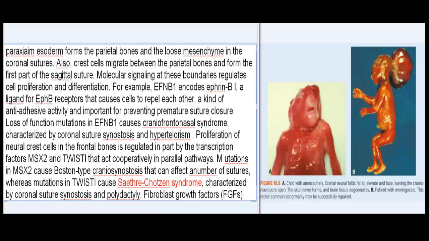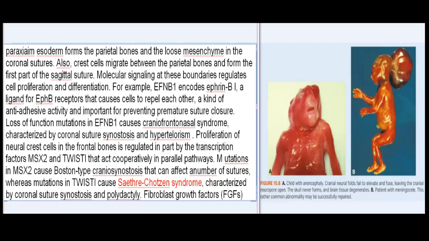For example, EFNB1 encodes ephrin-B1, a ligand for Eph receptors that causes cells to repel each other, a kind of anti-adhesive activity important for preventing premature suture closure. Loss of function mutations in EFNB1 cause craniofrontonasal syndrome, characterized by coronal suture synostosis and hypertelorism.